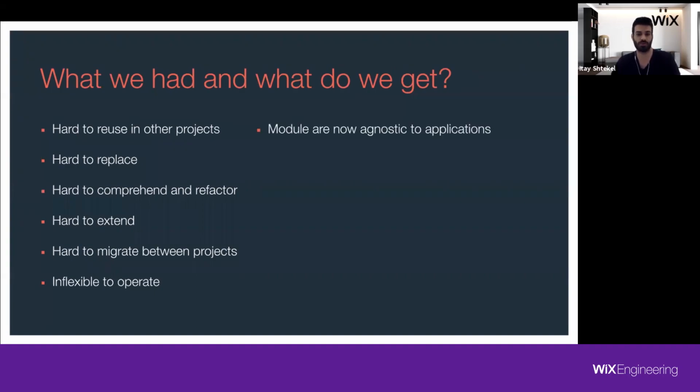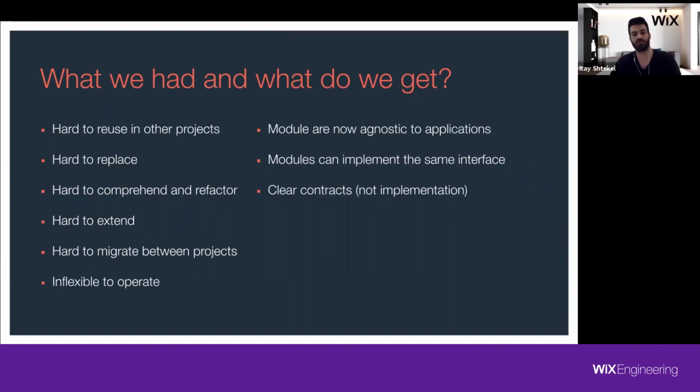So if we compare what we had before to what we have now, before we had modules that are hard to reuse in other projects, and now we get modules that are completely agnostic of their surrounding. They just need a specific contract to be fulfilled. Before we had some modules that are hard to replace. Now modules don't care who implements the contracts they need. You just eject the previous implementation and inject a new implementation. It becomes really easy to comprehend and refactor because everything is well scoped and the contracts are really clear.